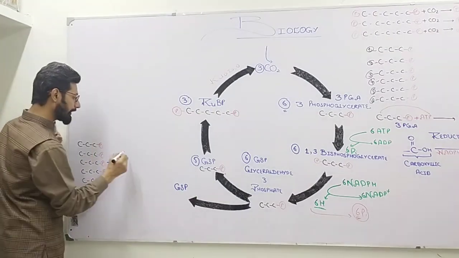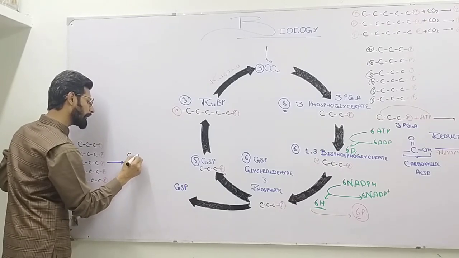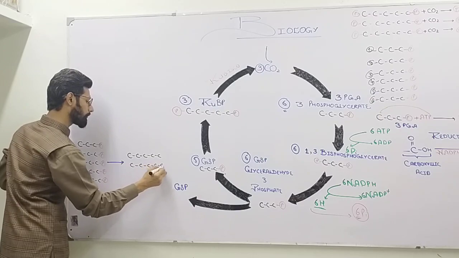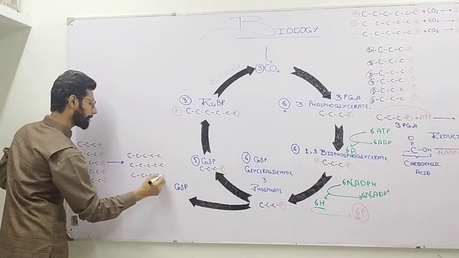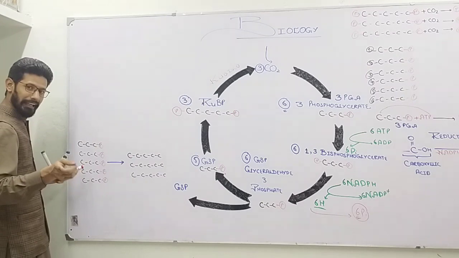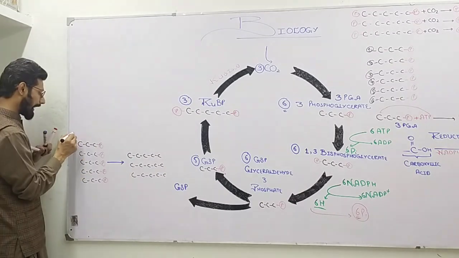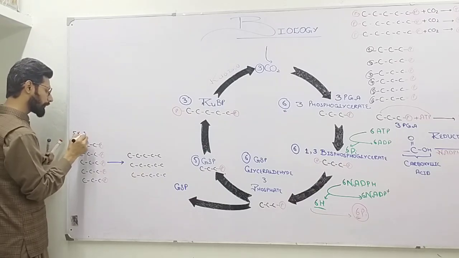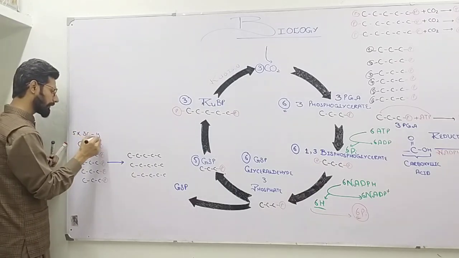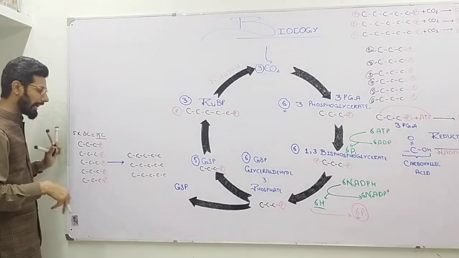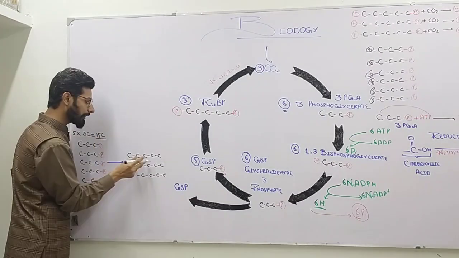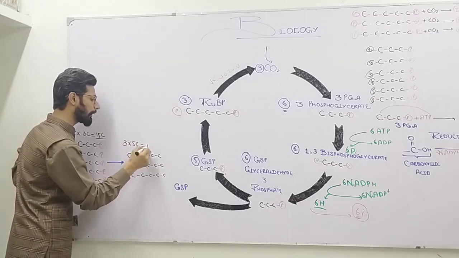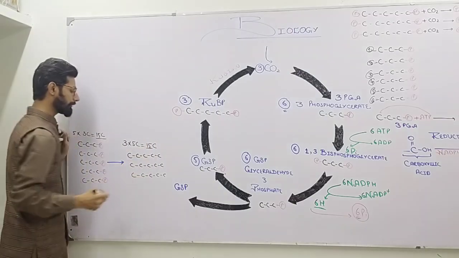into 3 molecules of 5-carbon compound. So if you count, there are 5 molecules of 3-carbon compound, which is 15 carbons, and on this side there are 3 molecules of 5-carbon compound, which is also equal to 15 carbons.